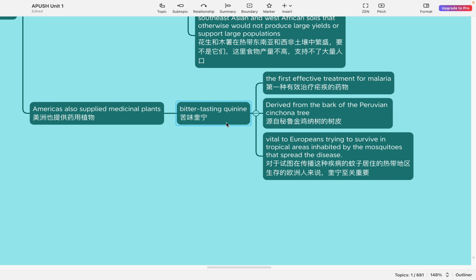Besides the joy on the palate, there was also the medicinal plant quinine from South America. As the first effective treatment for malaria, quinine was like a miracle drug for malaria patients and a crucial survival aid for European colonizers in tropical regions.